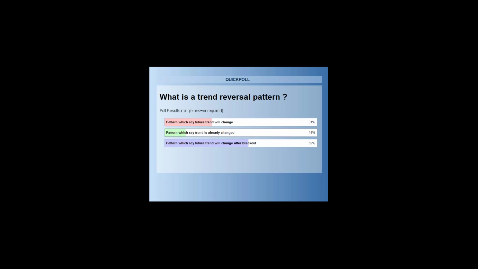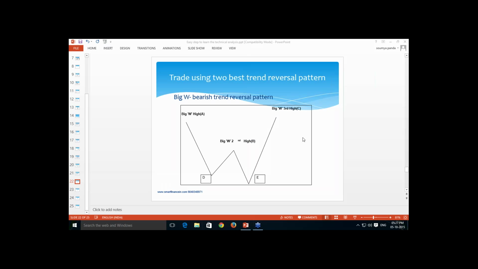A trend reversal pattern doesn't say that the trend has already changed. It says that the trend will change after a breakout. So 55% of the people gave their exact view on this.